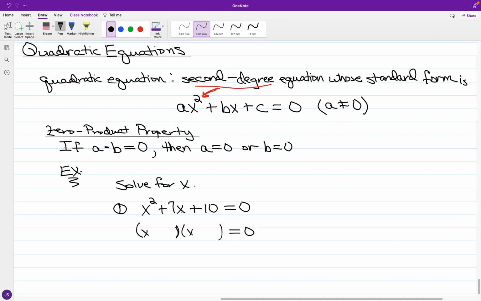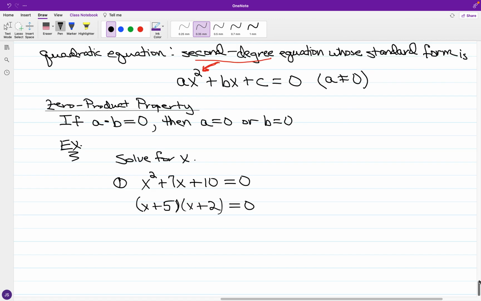So for x squared plus 7x plus 10, x squared factors out to x and x, and again for the constants that will multiply out to 10 and add up to 7, we have 2 and 5 or 5 and 2. Okay, so in this scenario, we can set the factors equal to 0.